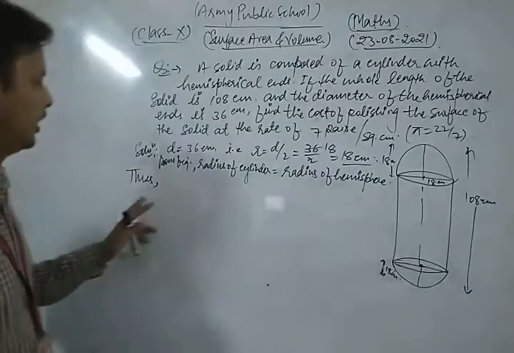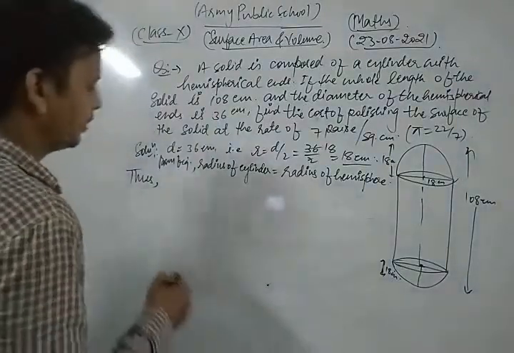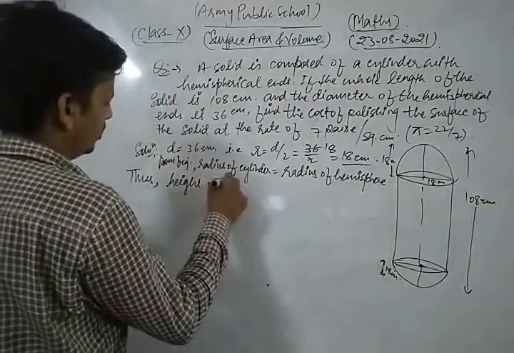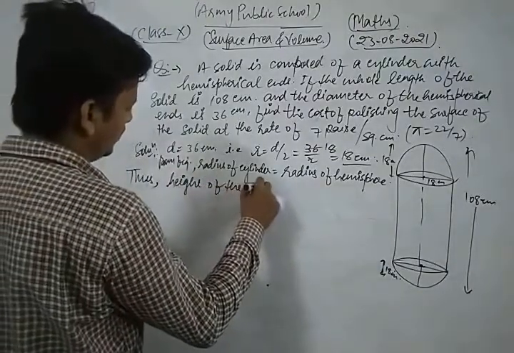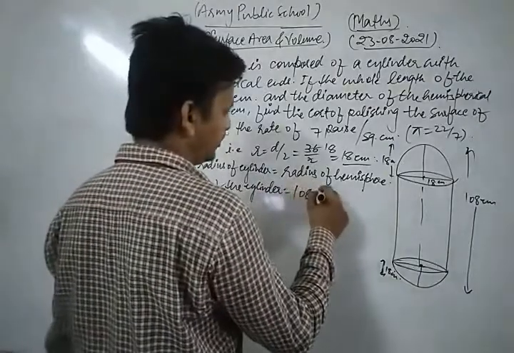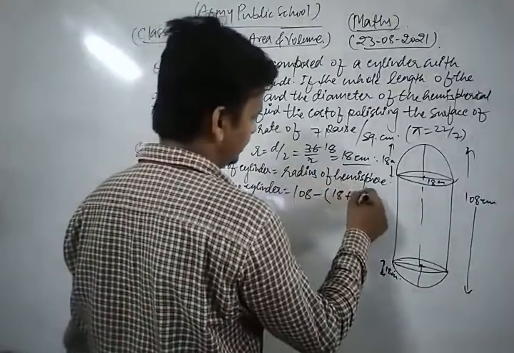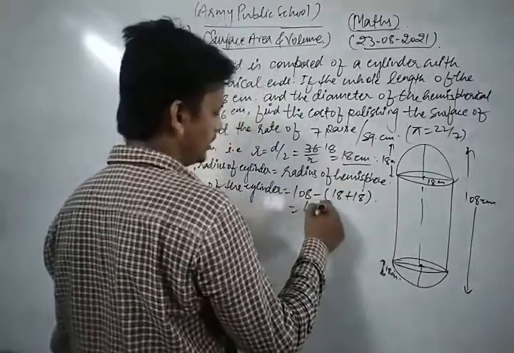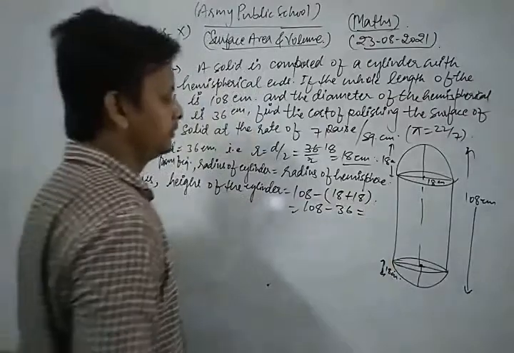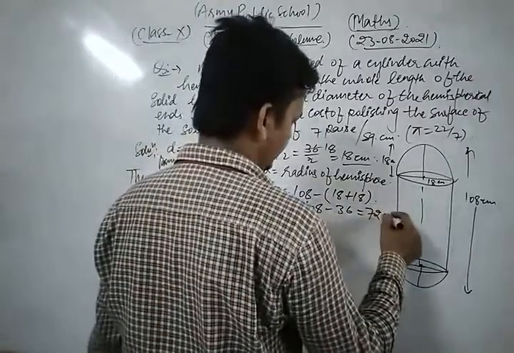Thus it is clear that the height of the cylinder is 108 minus (18 plus 18), that is 108 minus 36. Subtracting, we get 72 centimeter.